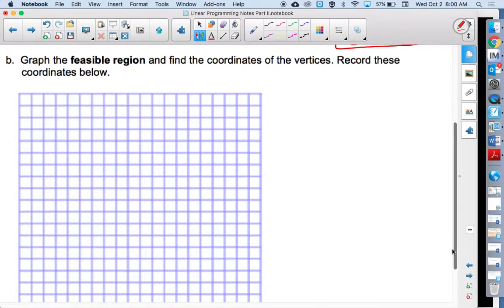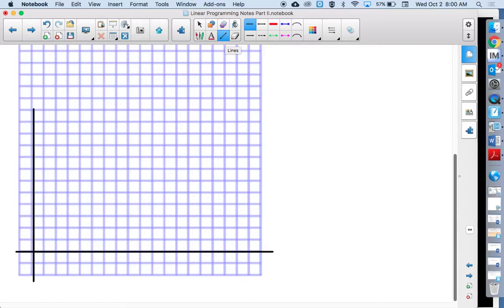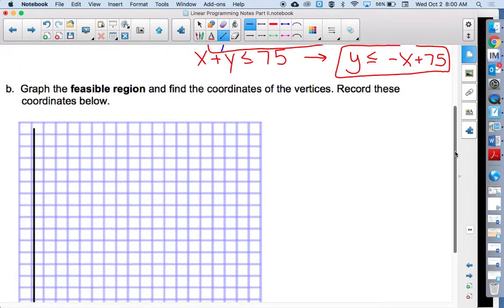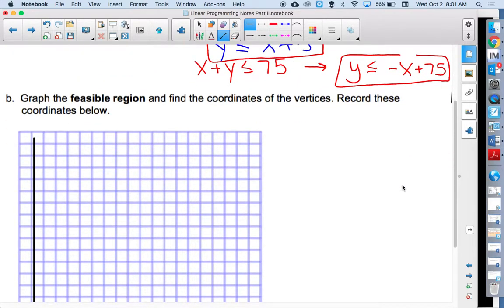We have a little grid, and in this grid, we're going to make our x and y axis. And I'm just going to come down and make it lower. Because our original constraints have to be positive, we don't need to place it in the middle of the graph, because we are not really worried about the middle of the graph.